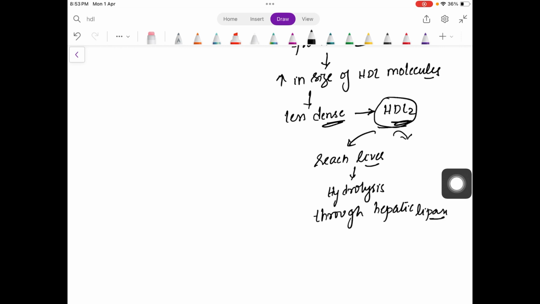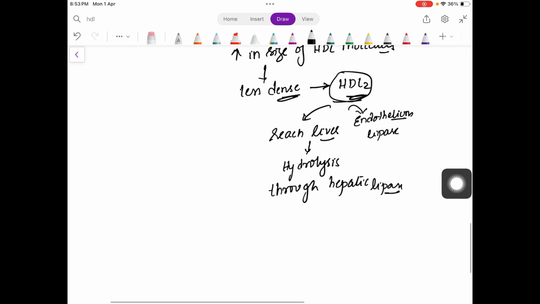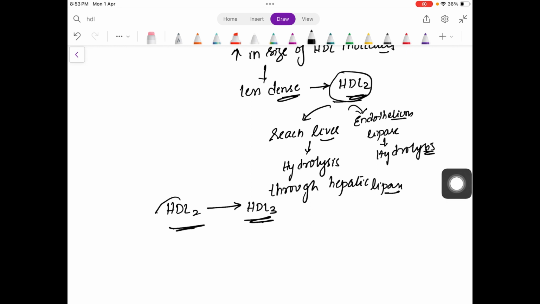And in endothelium we have a lipase, and this endothelial lipase will also cause hydrolysis. And now after hydrolysis, this HDL2 will be converted back into HDL3. This interconversion of HDL2 to HDL3 is called the HDL cycle.